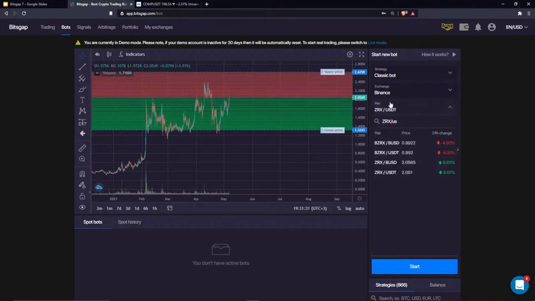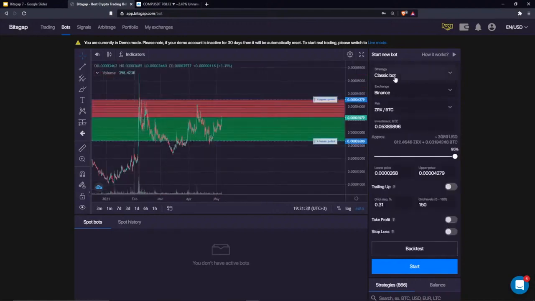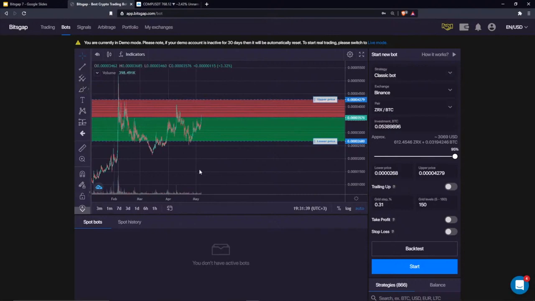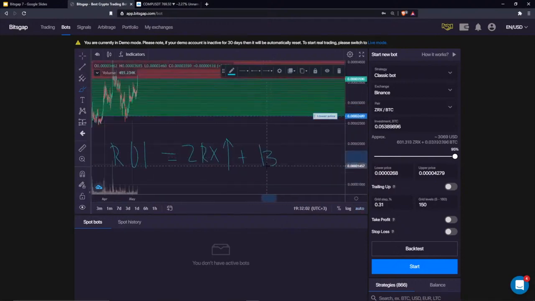But as we go back to 0x to Bitcoin, here you have a double exposure. And as you have this double exposure by trading the classic bot here, your return on investments is the 0x value plus it's the BTC that you made in this trade, which can also rise to USDT.